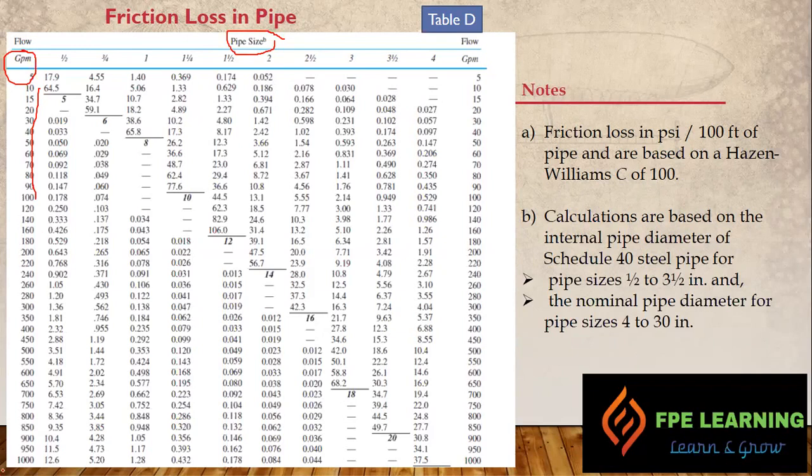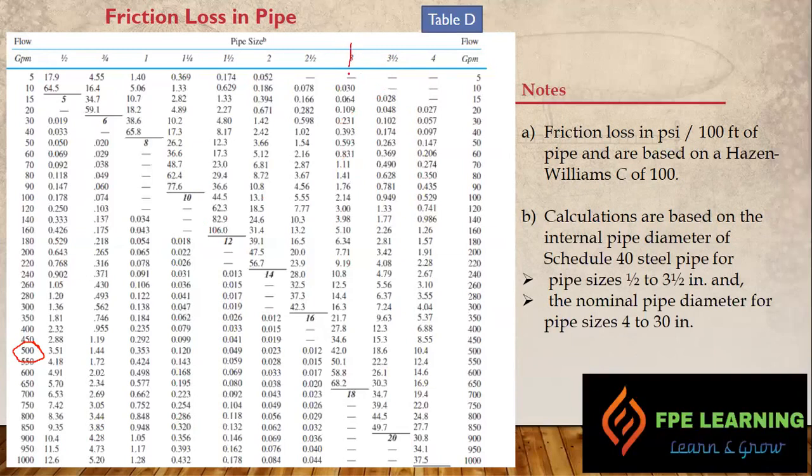Now let's assume for a moment how to use this table, right? Suppose we want to flow 500 GPM into a pipe size of 3 inch, right?